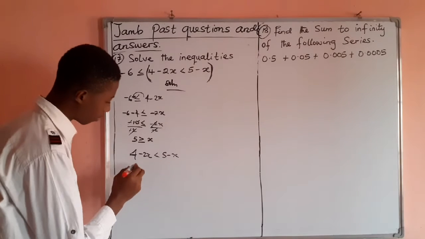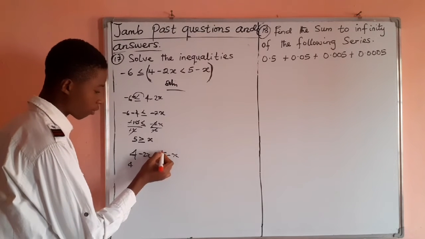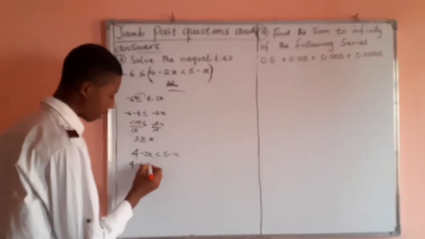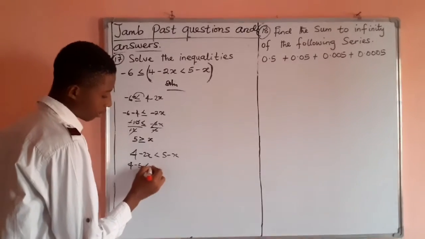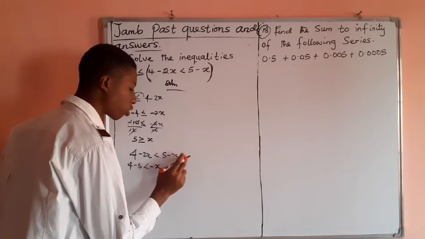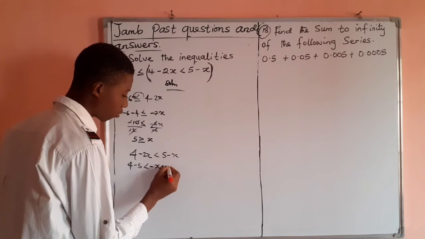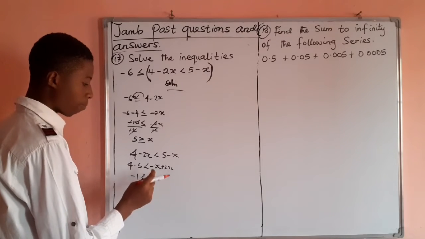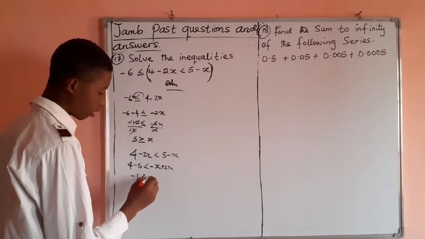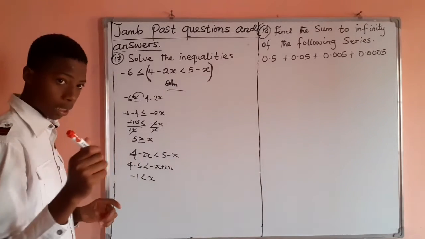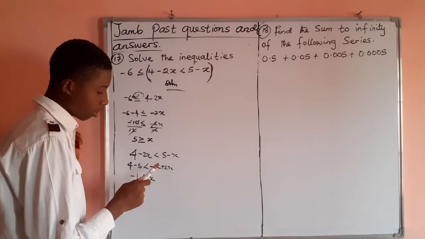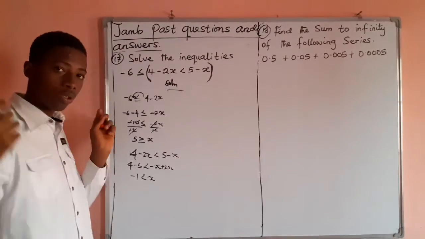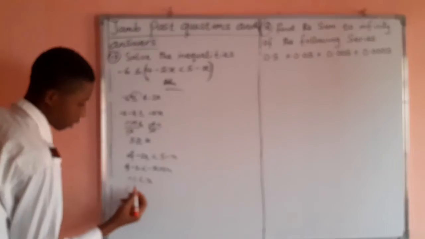Now we have to collect like terms. 5 crossing over gives us minus 5, so 4 minus 5 is less than minus x, plus 2x crossing over. 4 minus 5 gives us minus 1 is less than minus x plus 2x, which gives us positive x. Why do I say so? Because I know some of you will be confused. Look at this carefully: 2x is in front and minus x goes to the back. 2 minus 1 is 1, so 2x minus 1x is x. That's what we got.